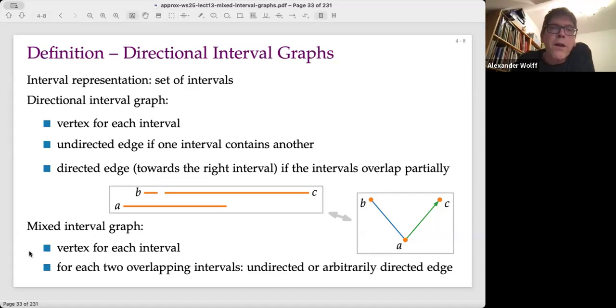And in my specific case of a directional interval graph, the question whether I have just an edge or a directed arc depends on the geometry of the intervals, how they are placed with respect to each other.